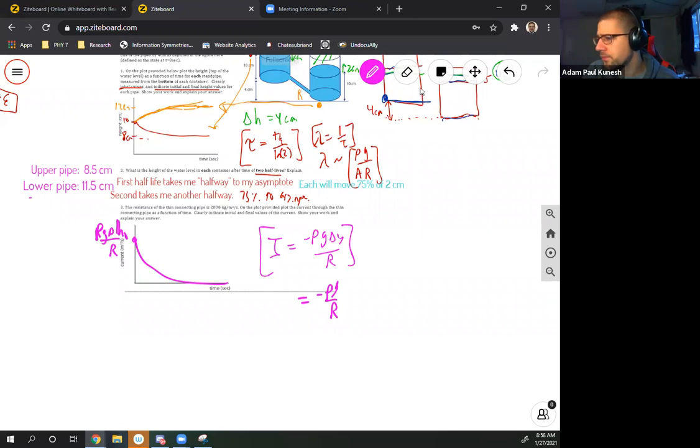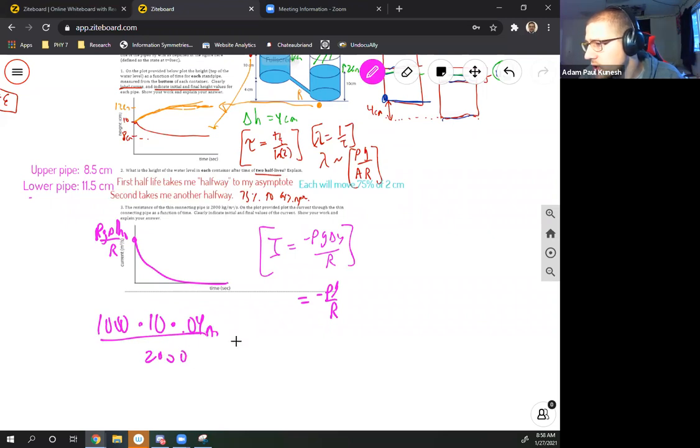So it's going to be 1,000 times 9.8, or we'll say 10 for gravity, times 0.04 meters for the initial difference in height, divided by 2,000. So that'll be our initial point.